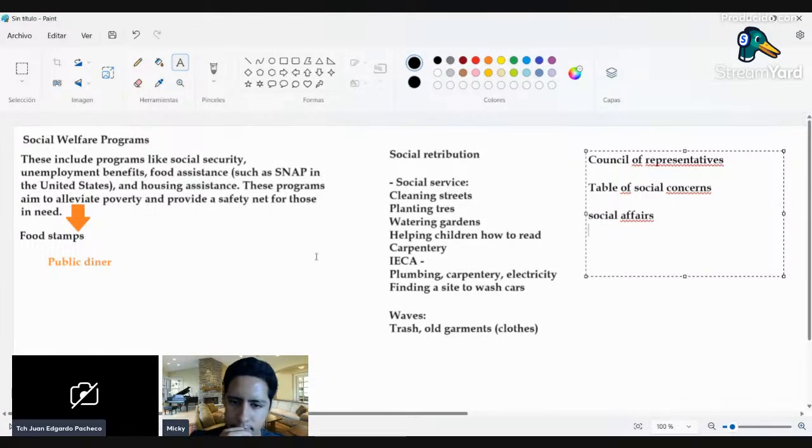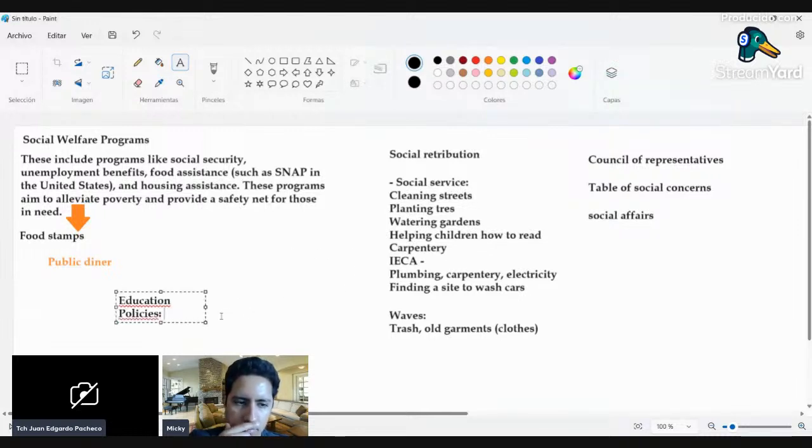And this would be only one of the many topics, right? Yeah. Well, other topics would be educational policies. I'm going to put it here, educational policies. The other topic would be healthcare policies, which is another important aspect.